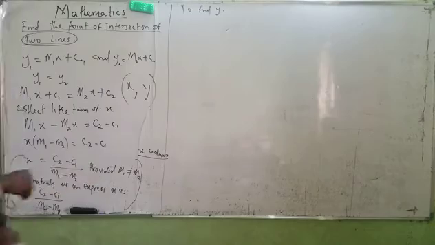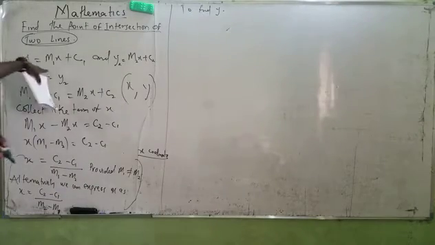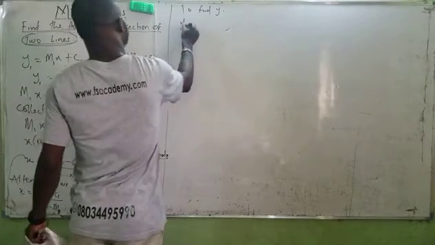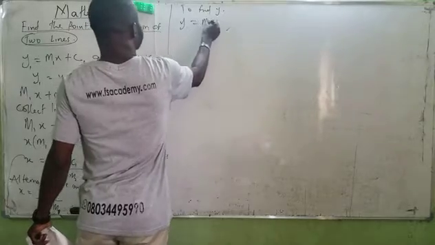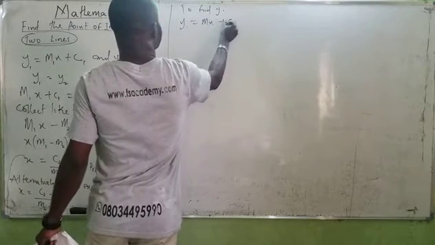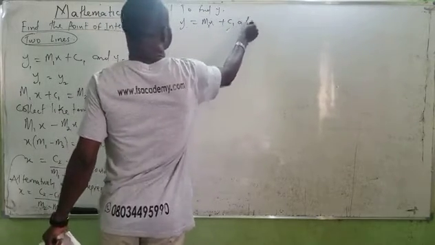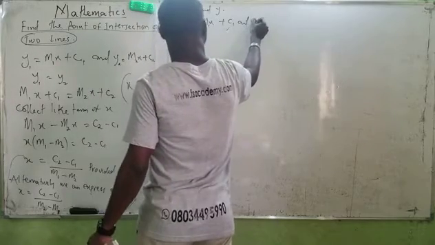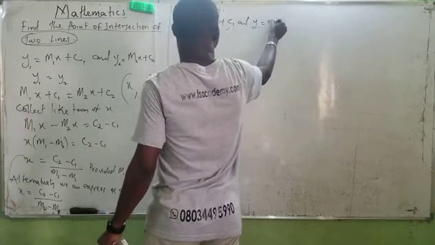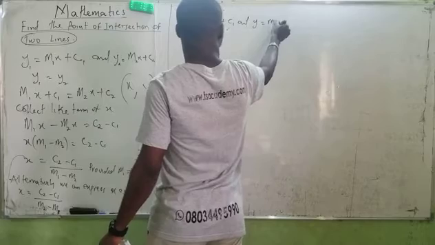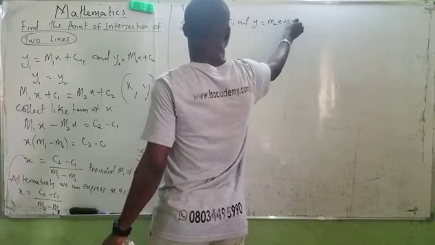Now, I want to find my y. Back to the statement here. y equals m1x plus c1, and y equals m2x plus c2.